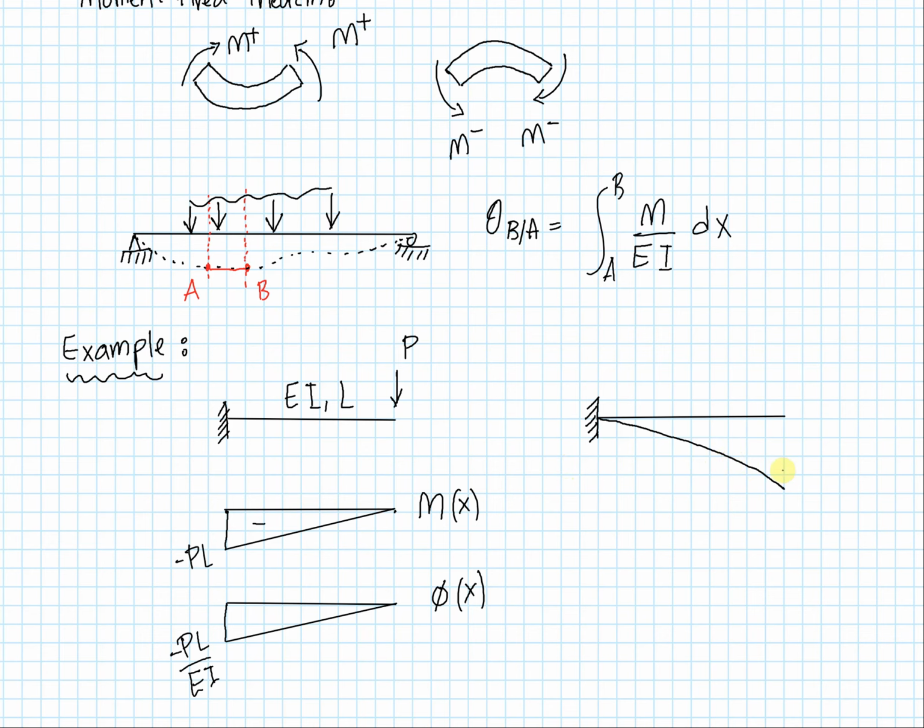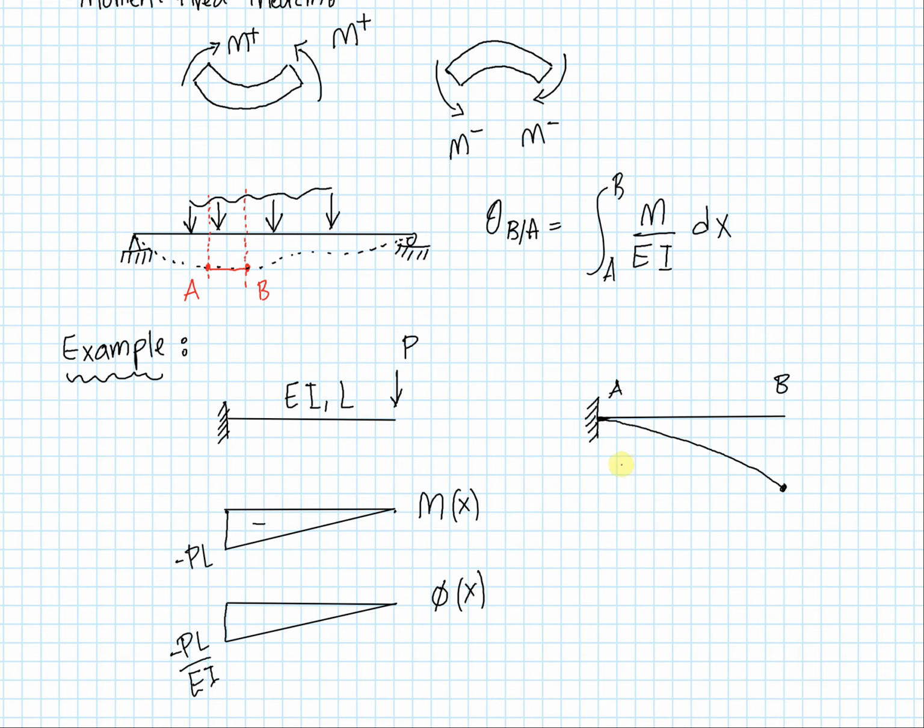And the question that is being asked of me is, what is the slope at this point here? So I'll have point A and B, and I'm interested in knowing the slope at point B. I know for a fact that the slope at point A is going to be flat and it's going to be 0 due to the fixed end nature of the support at reaction A.